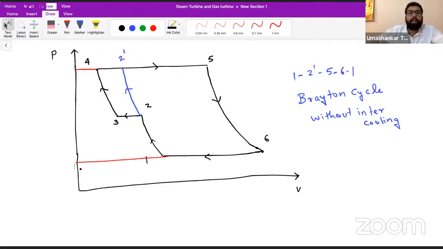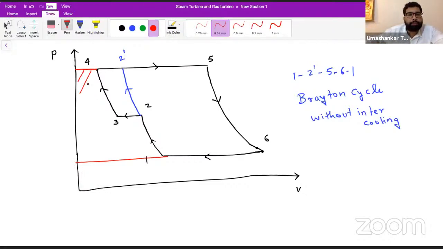So if we want to get the work done in an open system, we have to find the area under the curve when projected upon the pressure axis. In a closed system we project on the volume axis, but compressors and turbines are all open system devices. So to find the work in this process, we need to project it on the pressure axis.